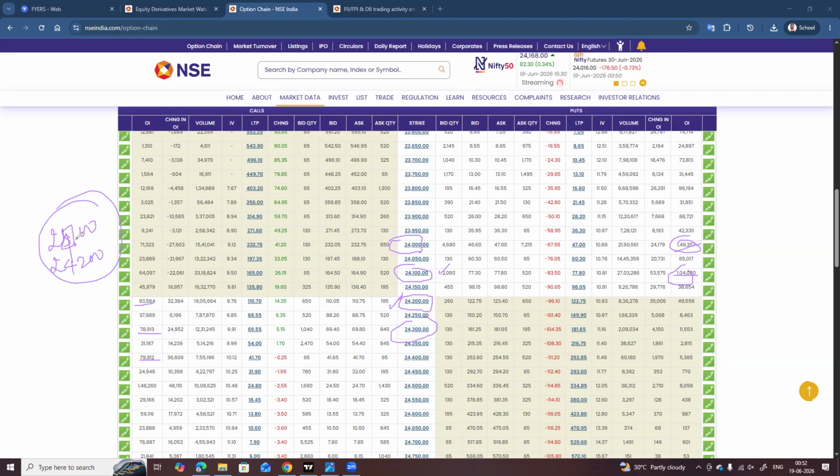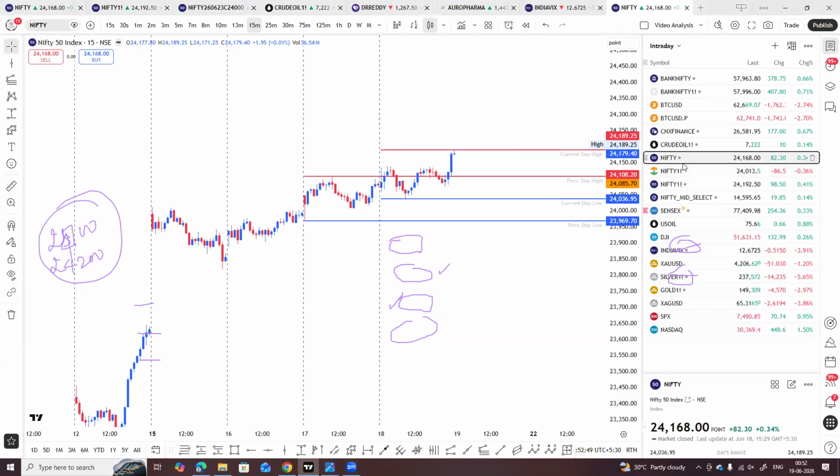And for tomorrow, the key levels, if you see, let us go to the chart and observe it. So for tomorrow, the key levels are going to act particularly at yesterday's high, that is previous day high 24,108, and current day low, that is 24,037, which are going to act as key support levels.